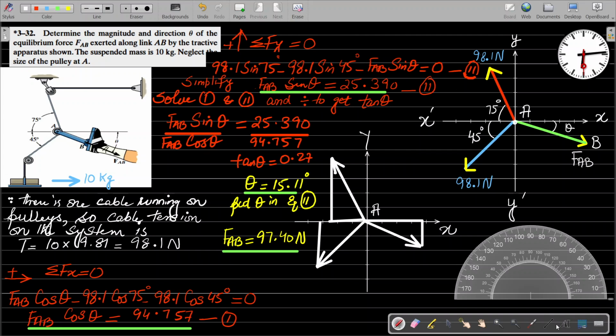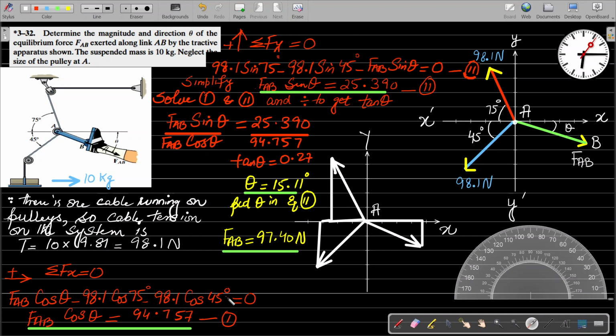Now we have to resolve the forces along the x and y axis. When we resolve these forces along the x axis, this component will be FAB cos theta. Then this component will be, because the angle is 75 degrees, 98.1 cos 75, and since it is on the negative x-axis, it will have a minus sign.